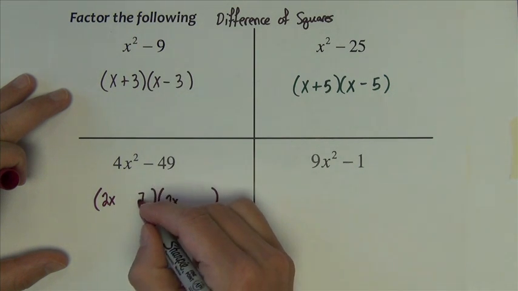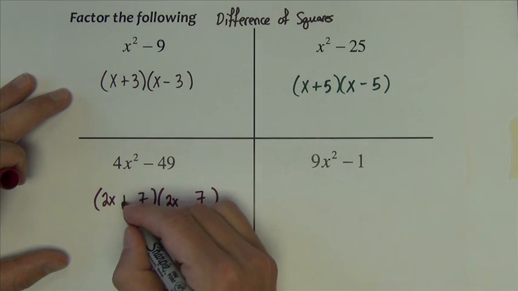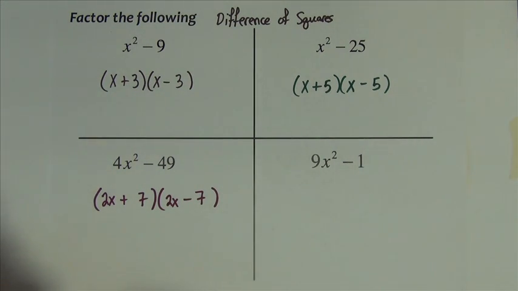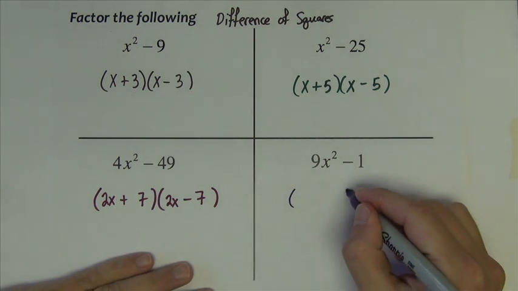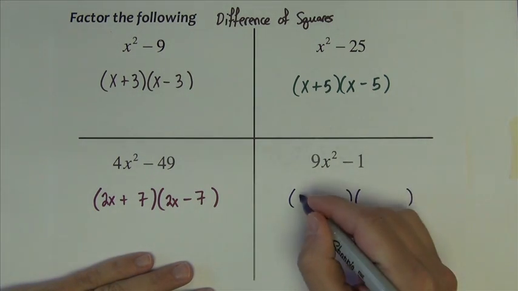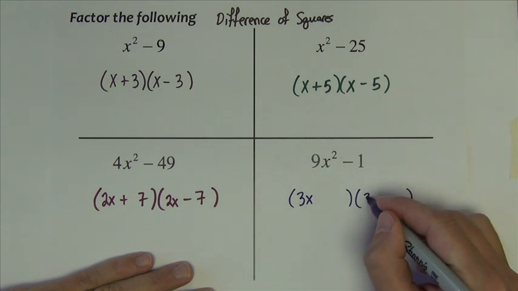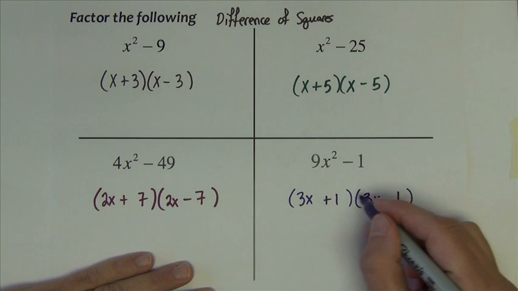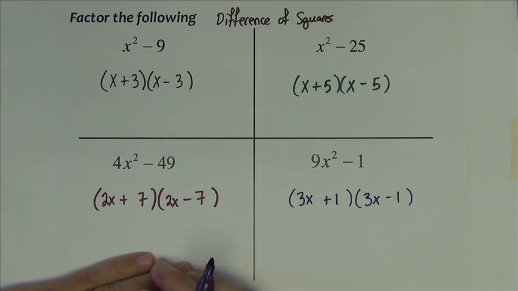Square root of 49 is 7. One gets plus, one gets minus, and it's that easy. Okay, the last one, 9x squared minus 1. We square root the 9, giving us 3x and 3x. We square root the 1, which is 1 and 1. One's plus, one's minus, and that's done.